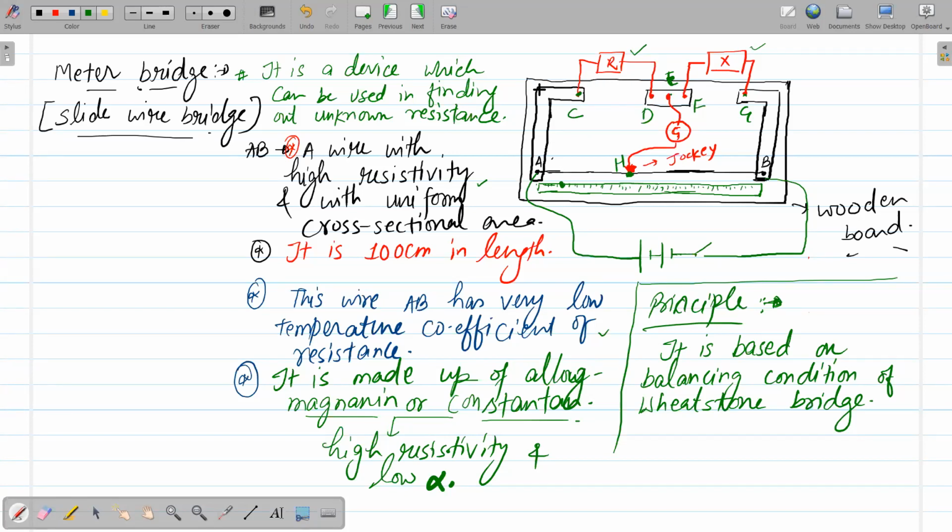So we take here copper stripes, and copper stripes have a very low resistance, and the reason for taking high resistivity of this wire is so that the resistance of copper stripes can be considered as negligible. Are you getting this thing? So that's why here we are taking copper stripe, and we are taking high resistivity of this wire.